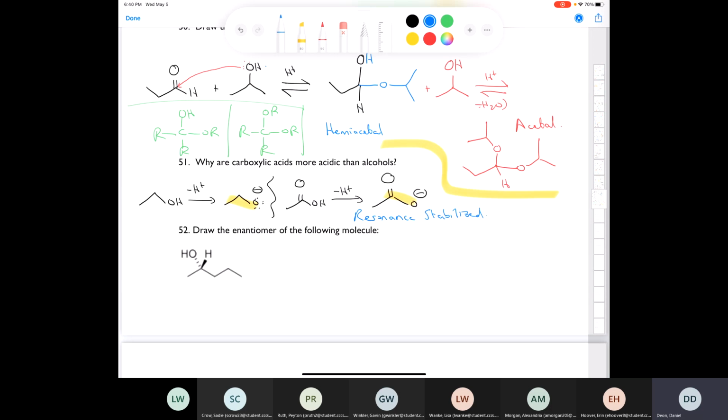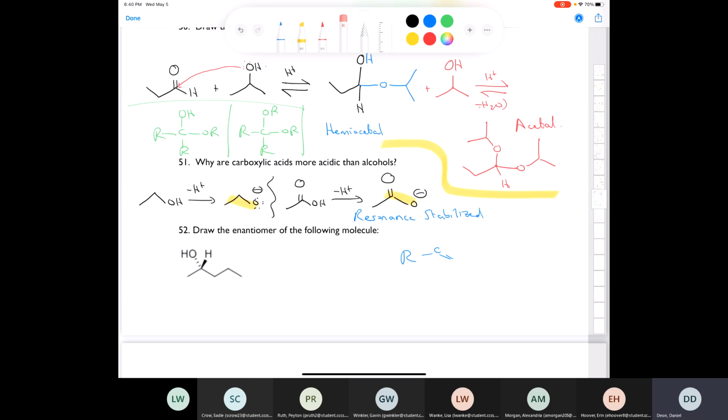Right? I have this resonance structure, and then I also have this resonance structure. Right? So since the electron density on the oxygen, the negative charge, is delocalized over those 2 oxygens, it's stabilized, and that's why the conjugate base is more stable, so it more readily gives up a proton.